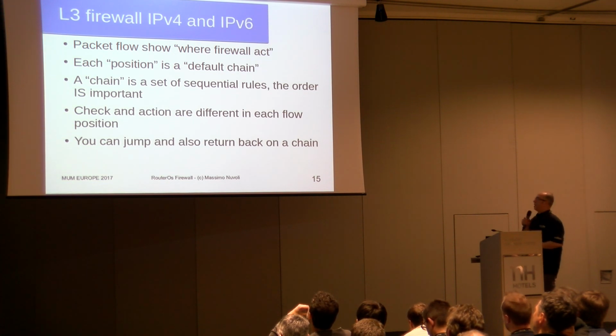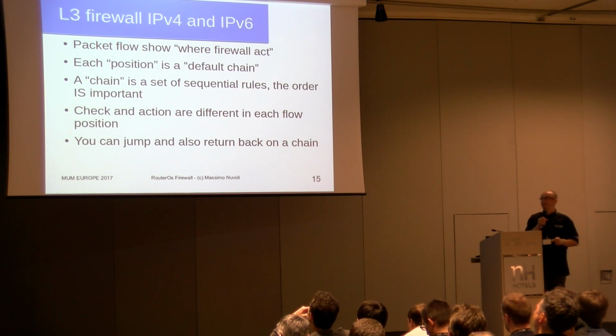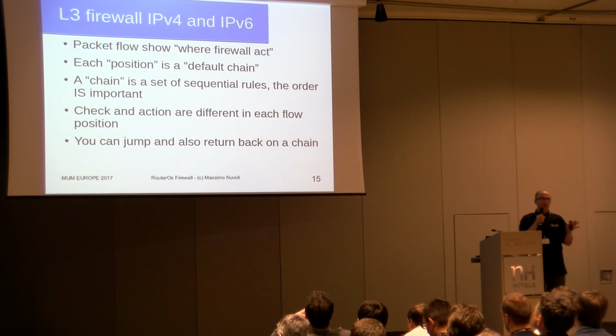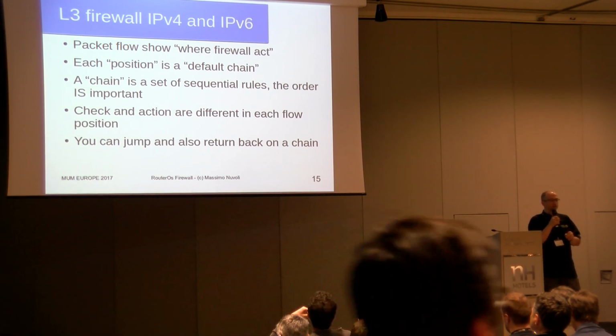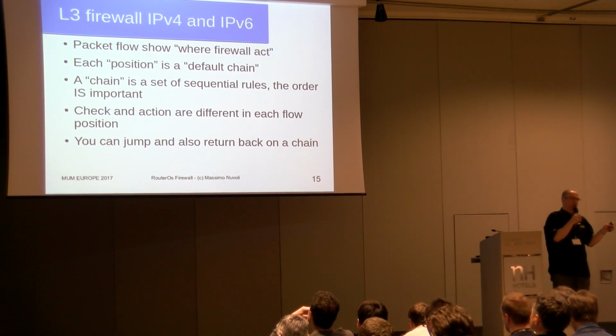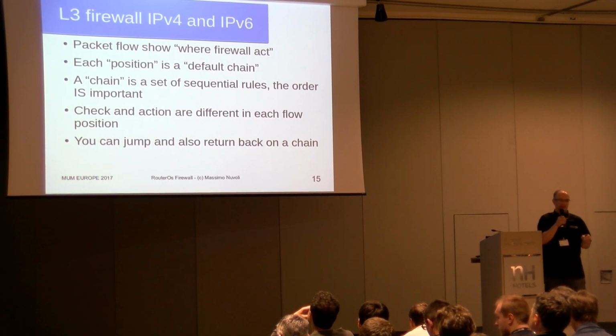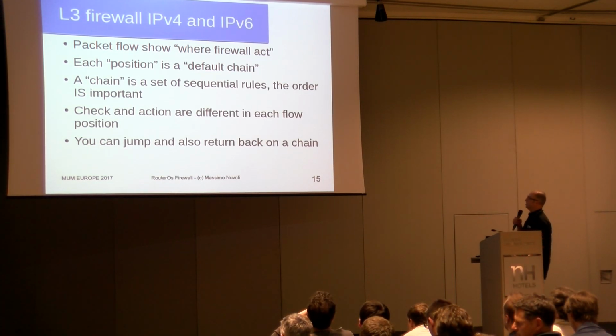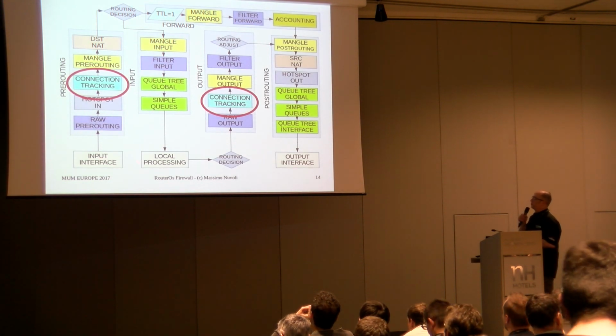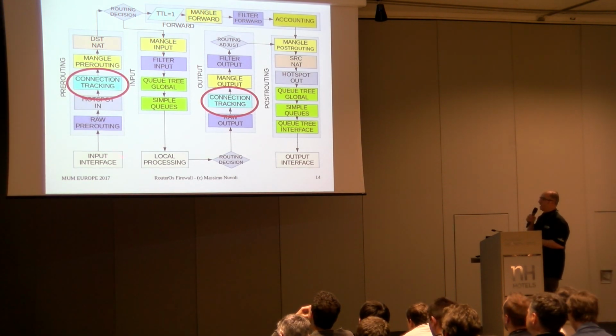Then each position is defined as a chain. We will see later that a number of chains that do the same thing can be called tables. And in each position, the check and the action, what is checked and what you can do, are different. Because as we see, here you know the name of the interface where the packet is going in.